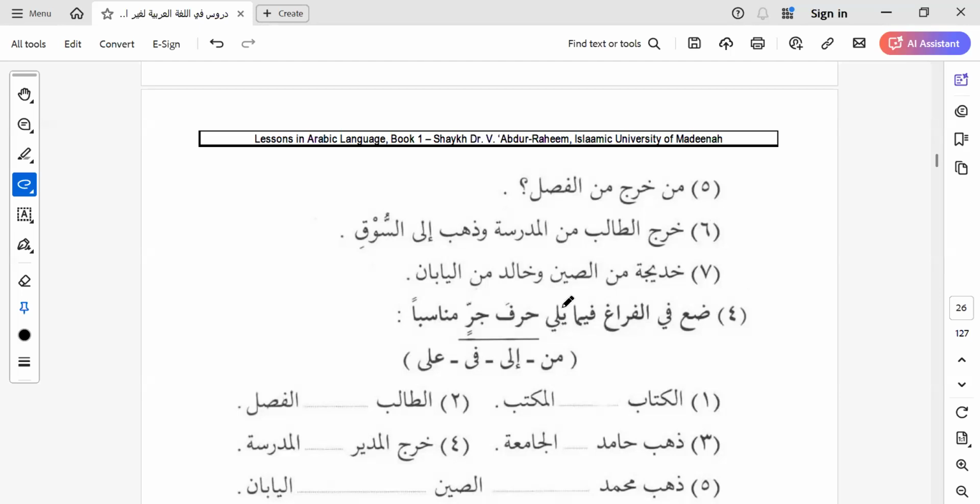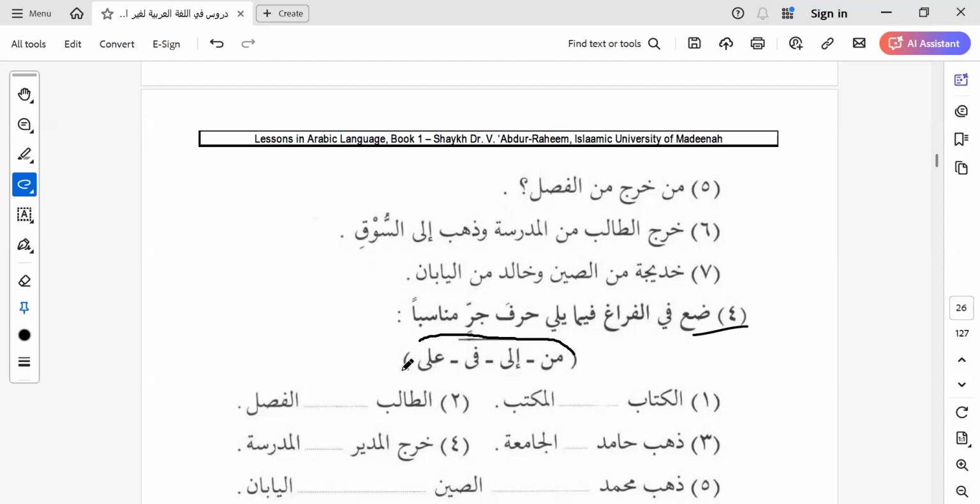So basically, yali is a verb. But it's not because of yali, actually. It is because of this verb: ضع في الفراغ فيما يلي حرف جر مناسبا. Place in the empty space in the following, a حرف جر.